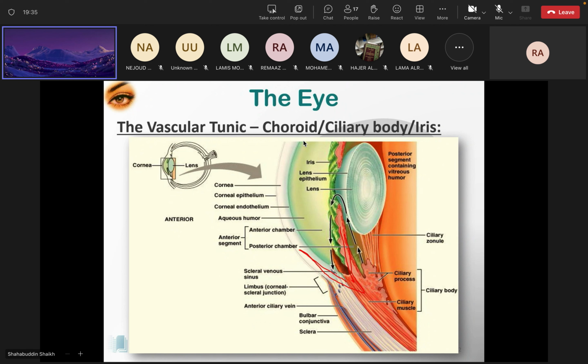In some people, this angle is decreased, which causes closure of this vein. So now the fluid will not be absorbed, only secreted into the anterior chamber, which will increase the pressure here. This is called angle closure glaucoma. Clear? Acute angle closure glaucoma. Remember this.